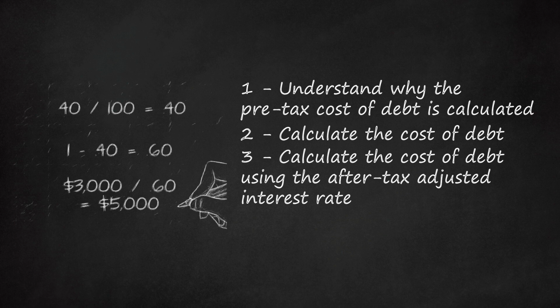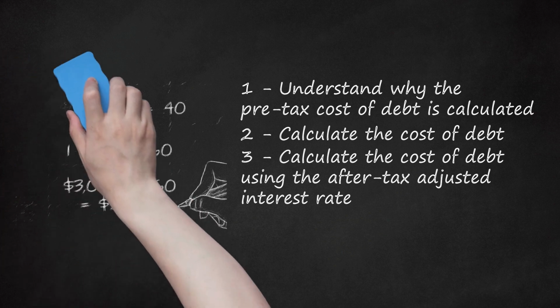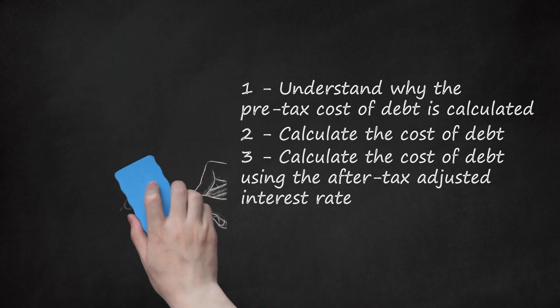Express the tax rate as a decimal using the equation 40 / 100 equals 0.40. Subtract the tax rate from 1 using the equation 1 - 0.40 equals 0.60. Calculate the pre-tax cost of debt by dividing the after-tax cost of debt by the result. Use the equation $3,000 / 0.60 equals $5,000. In this example, the pre-tax cost of debt is $5,000.